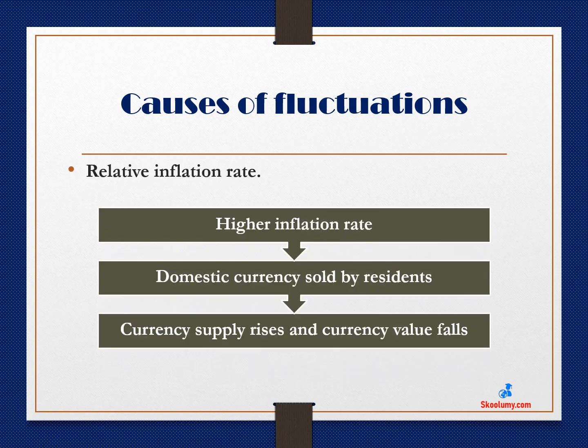Relative inflation rate. The inflation rate affects the purchasing power of people's incomes. A rising inflation rate means that people can only afford fewer goods because prices have risen. The inflation rate of a country compared to other countries affects its exchange rate. Assuming the inflation rate in the UK has risen to 13%, but that of Spain remains at 8%, it will be costlier to live in the UK compared to Spain.